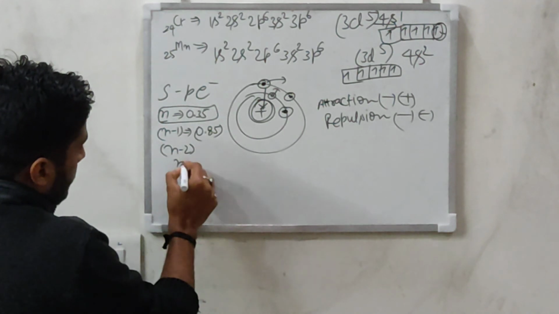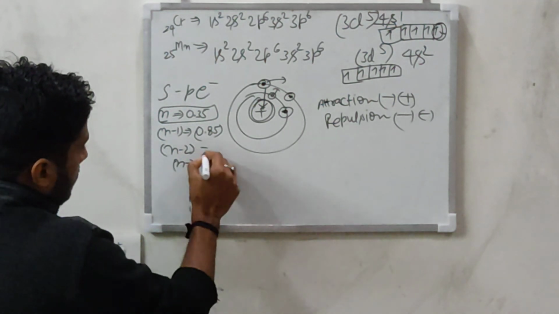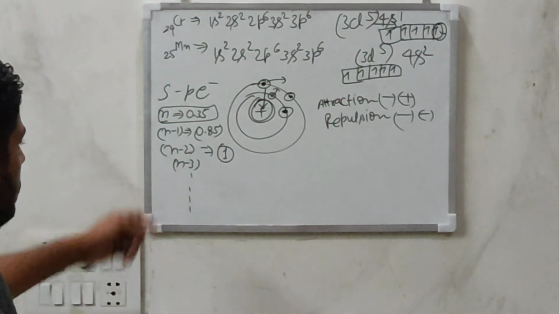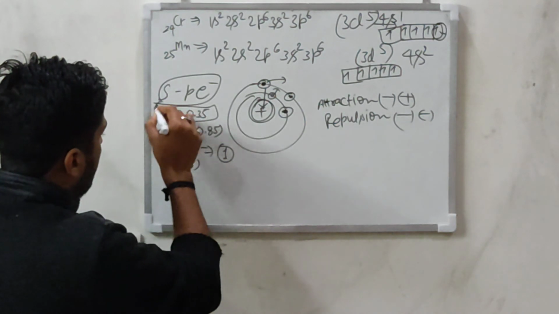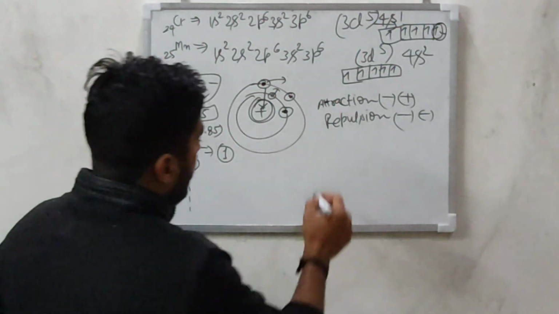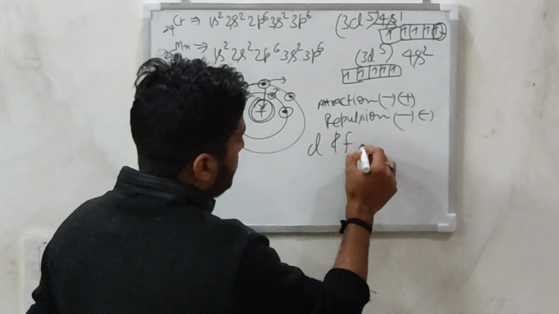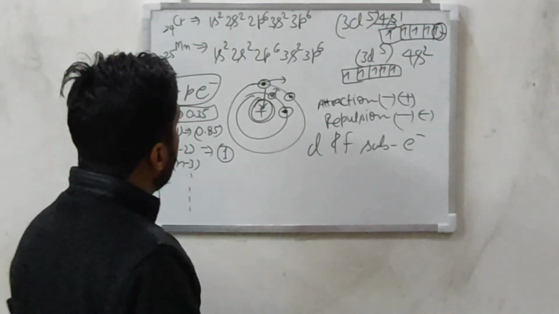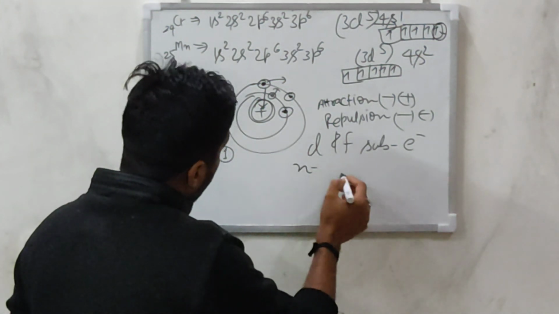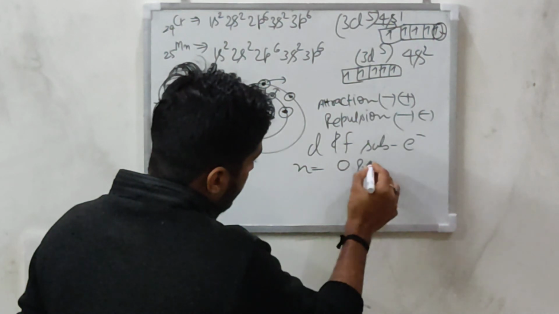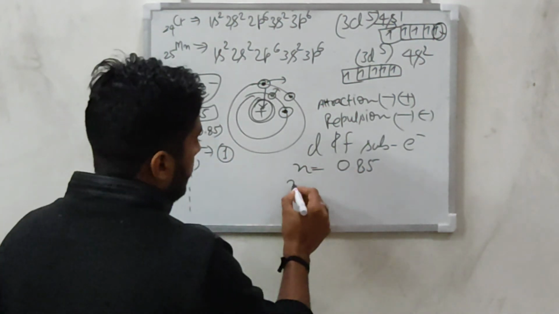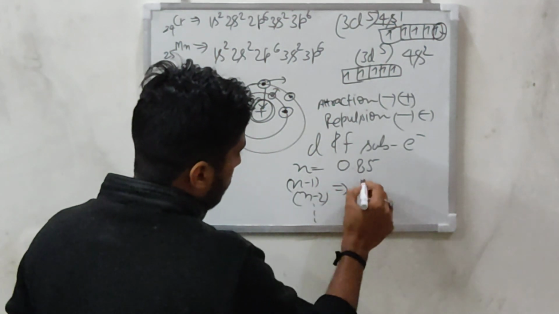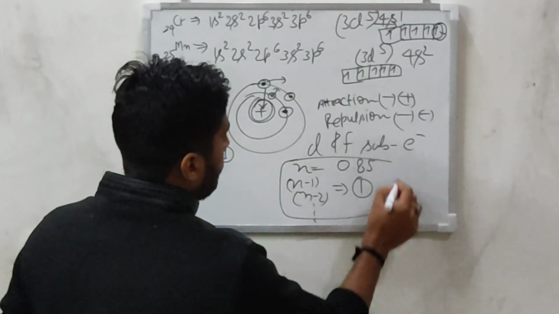For n-2, n-3 and so on, each contributes 1. For d and f subshell electrons, if an electron lies in the same shell, it contributes 0.85, and for n-1, n-2 and so on, each contributes 1. So we know these values.